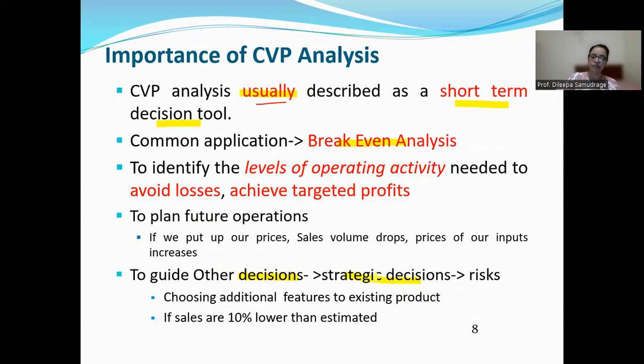For example, if you want to add a particular feature into your existing product, it's not a short-run decision, right? It's a strategic decision, a long-run decision. So using CVP analysis, sometimes you can take strategic decisions also, right?